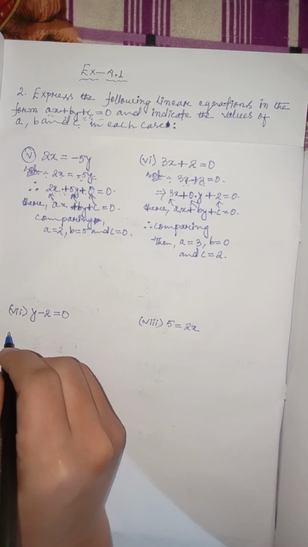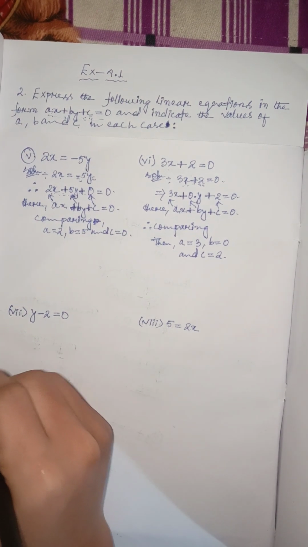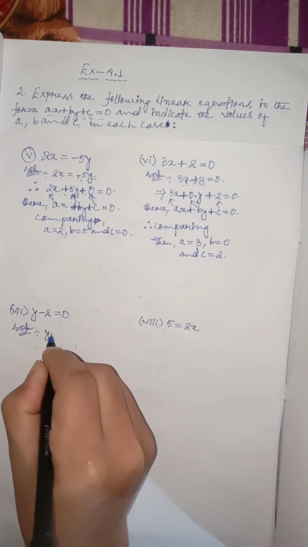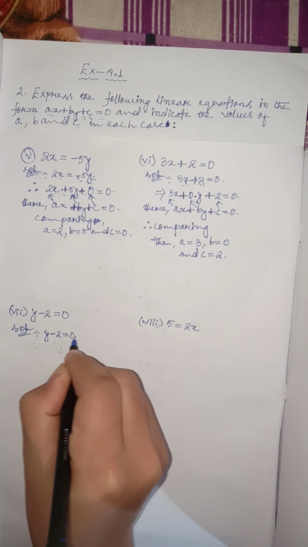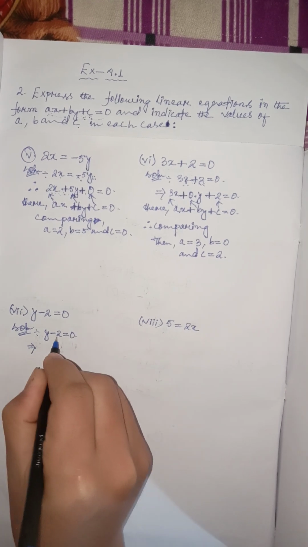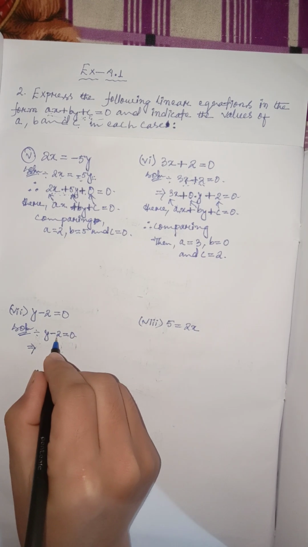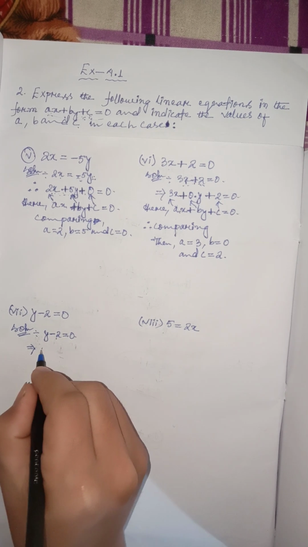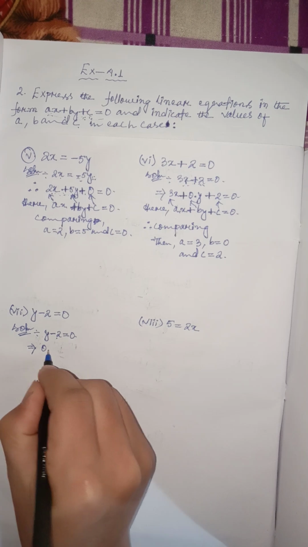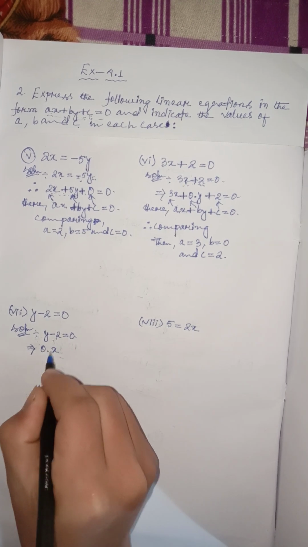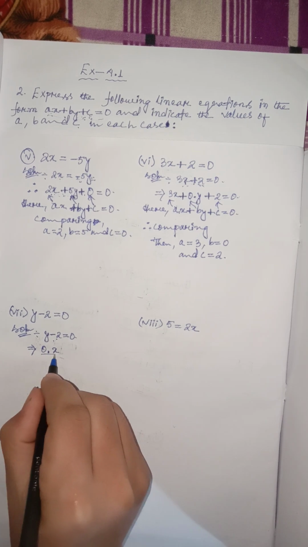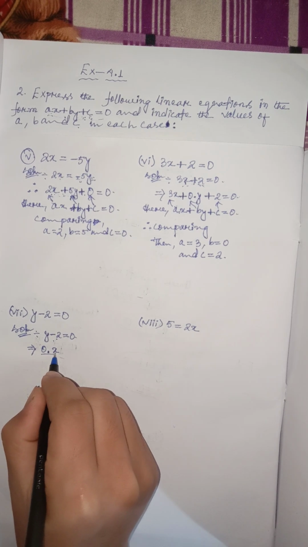Then let us move to the next question, which is Roman number 7. Here in Roman number 7, we have y minus 2 is equal to 0. In order to match with the general equation, the thing that we lack here is x. Since there is no x, we have to match it. In order to do that, just multiply 0 and x, which will give you 0.